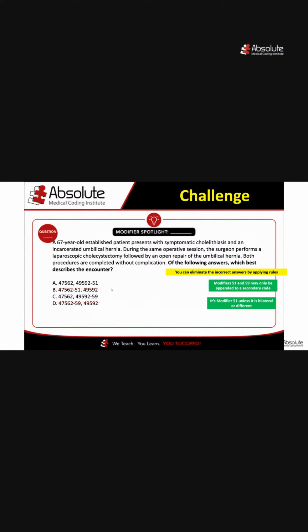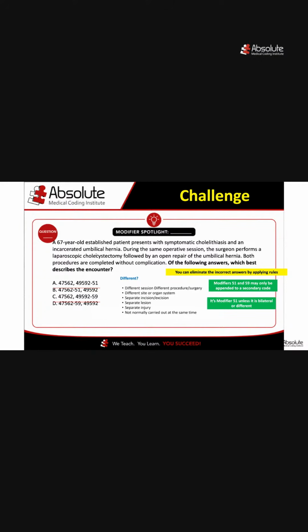So we need to hone in on different. Are these two procedures different in any way? It has to be a different session, procedure, or surgery, different site or organ system, separate incision or lesion, separate injury, or these procedures are not normally carried out at the same time.